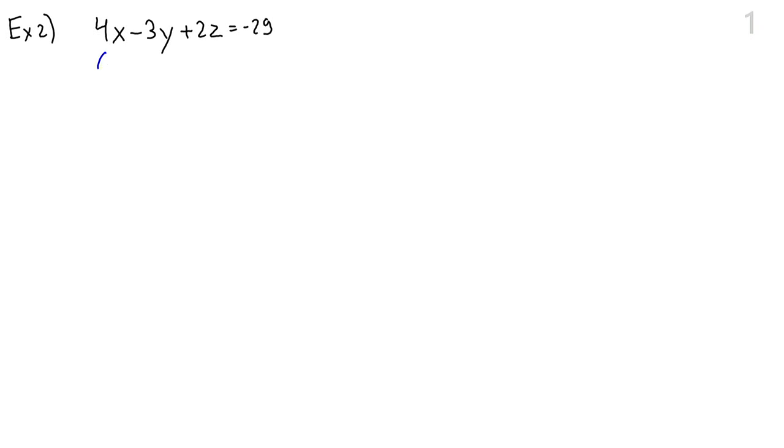Our second equation in the system is 6x plus 2y minus z equals negative 16. And our third equation in the system is negative 8x minus y plus 3z equals 23.